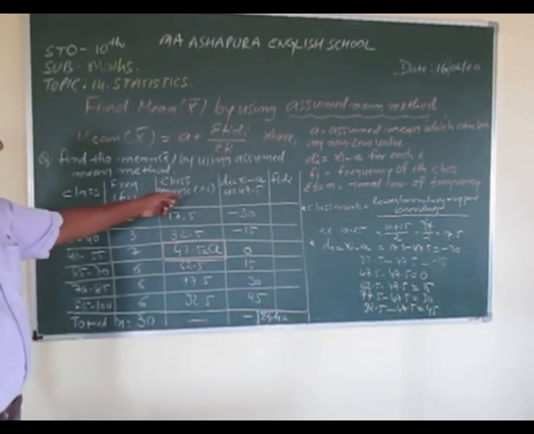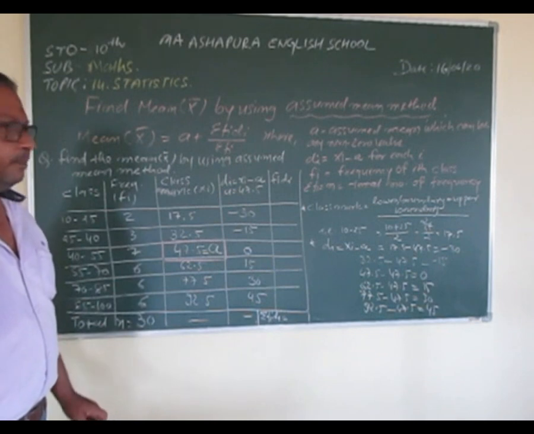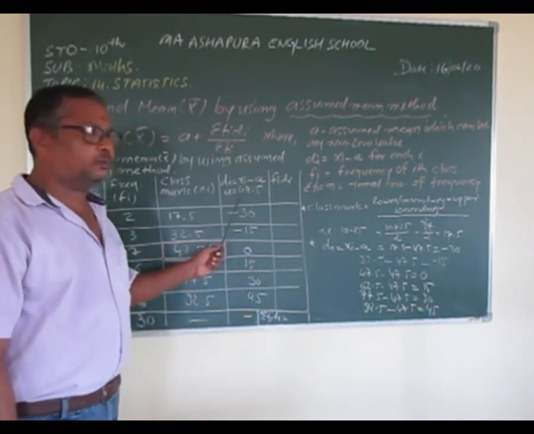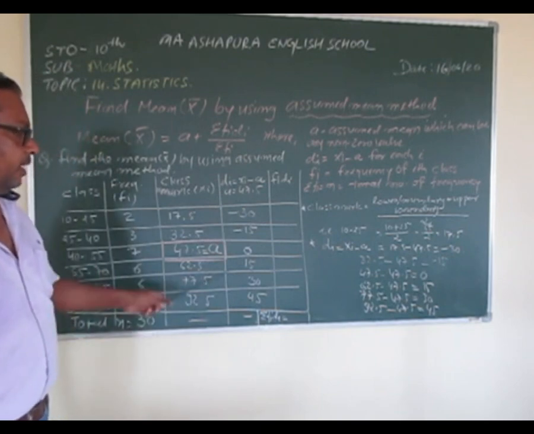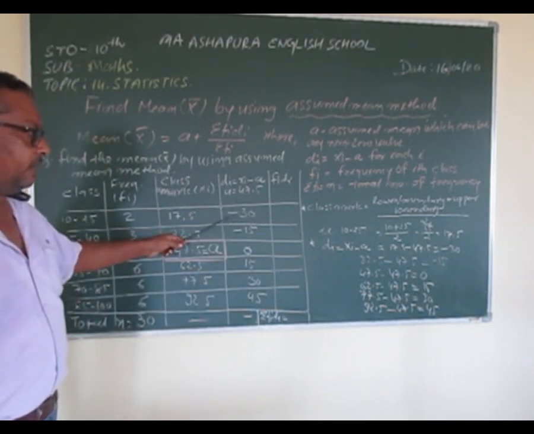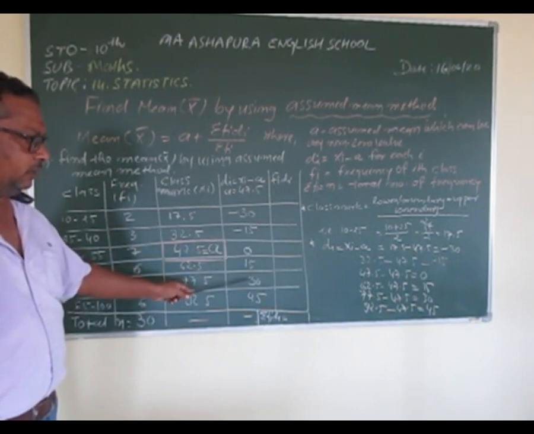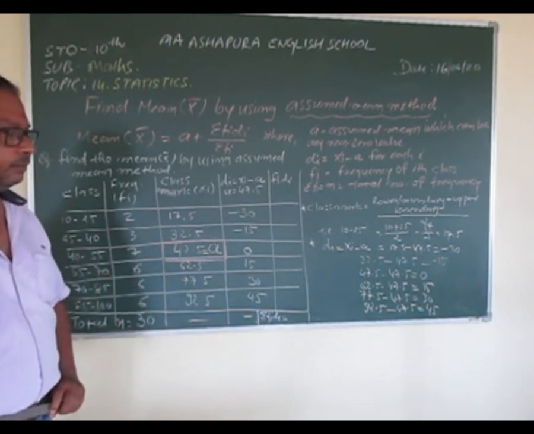Look here, column number 4 is complete. Di is equal to xi minus a, where a is equal to 47.5, and we get consequently minus 30, minus 15, 0, 15, 30 and 45.